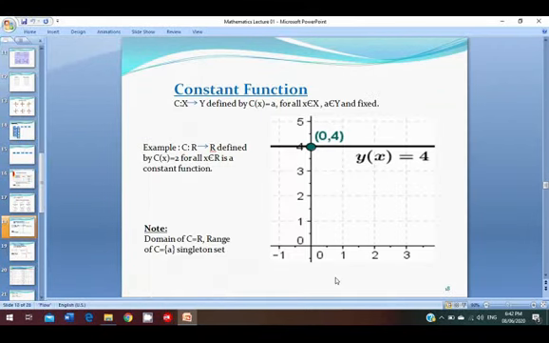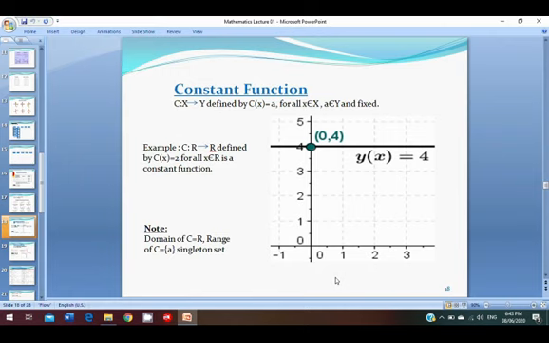Now the constant function: when there is no change in a function, no variation in this function, it is called a constant function, and we define it as c, a function from x to y, defined by c of x is equal to a, where a is a numeric value, and for all values of x we get the same result, and the result is a. Look at the example.